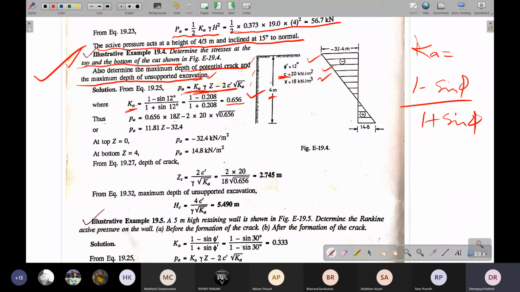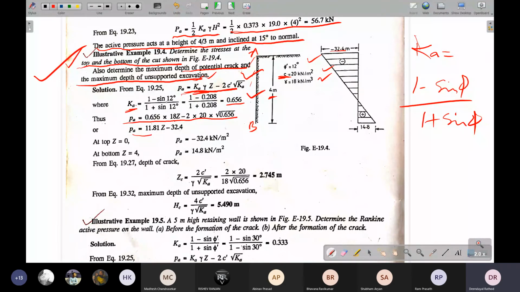What is the vertical stress? Now, here, as I said, the horizontal pressure or active earth pressure at the surface for clay soil would be negative. Suppose this is the zero point, at A, when you do it, Ka gamma z, we don't know z, some z only we are using, minus 2c root Ka.